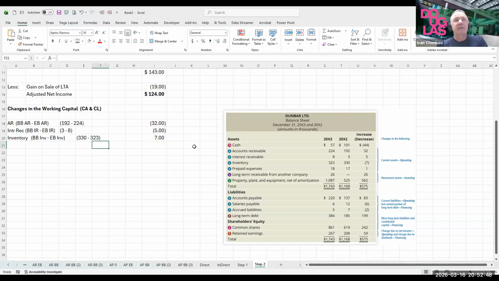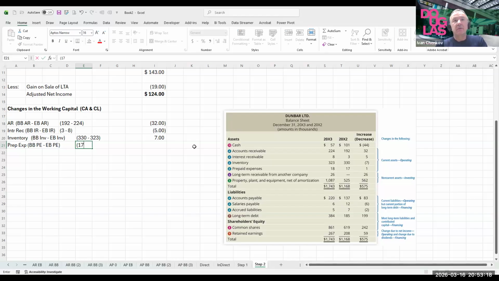Next one, prepaid expenses. Is it a current asset or not current asset? Current. I agree with you. Prepaid expense. So what are we gonna do? Beginning balance of the prepaid expense minus the ending balance of the prepaid expense. What are we gonna have in the brackets?